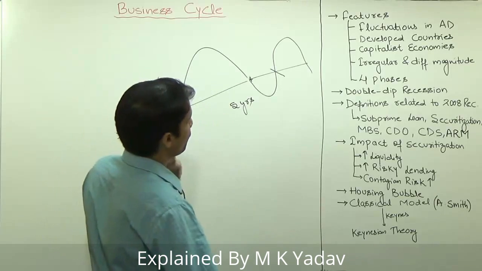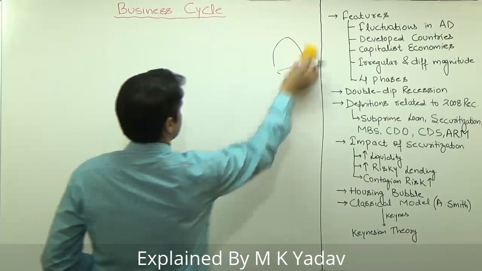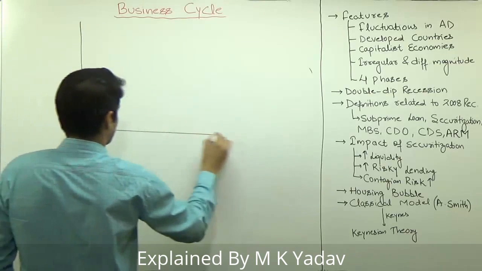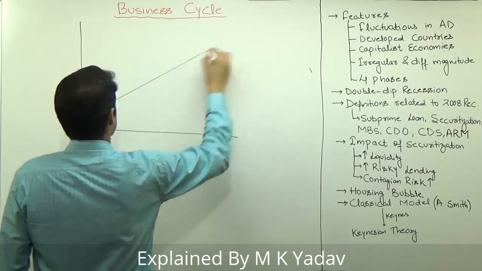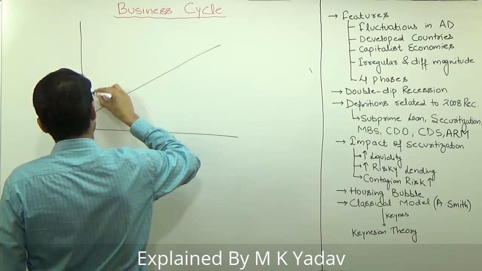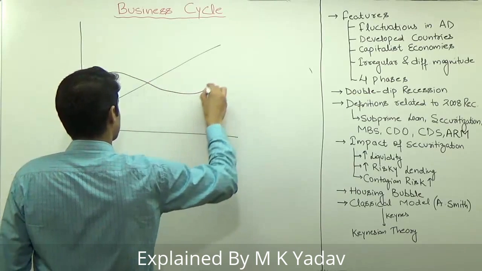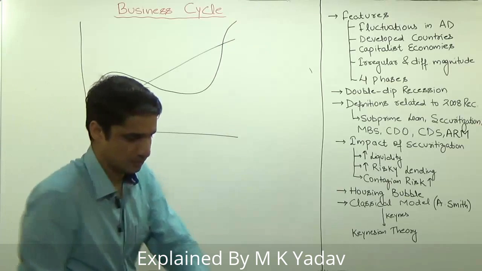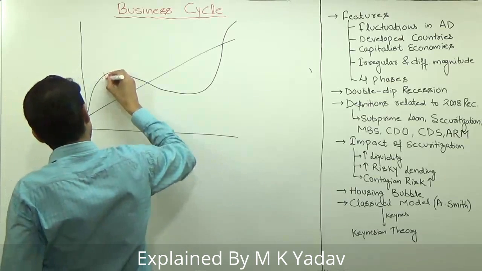Then there are 4 phases of the business cycle. These 4 phases are: the first phase is known as boom.